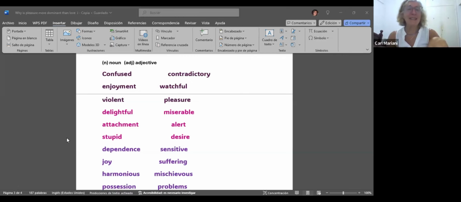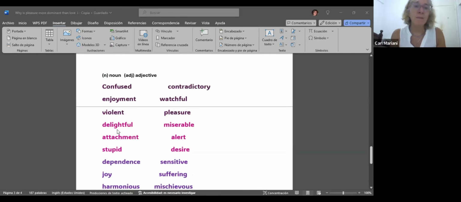Okay, well, my friends, coming back to this. Here we have a lot of words that are very useful. Some of them are related to love, and some are used to describe what is the opposite of love. And some of them are nouns and some of them are adjectives.